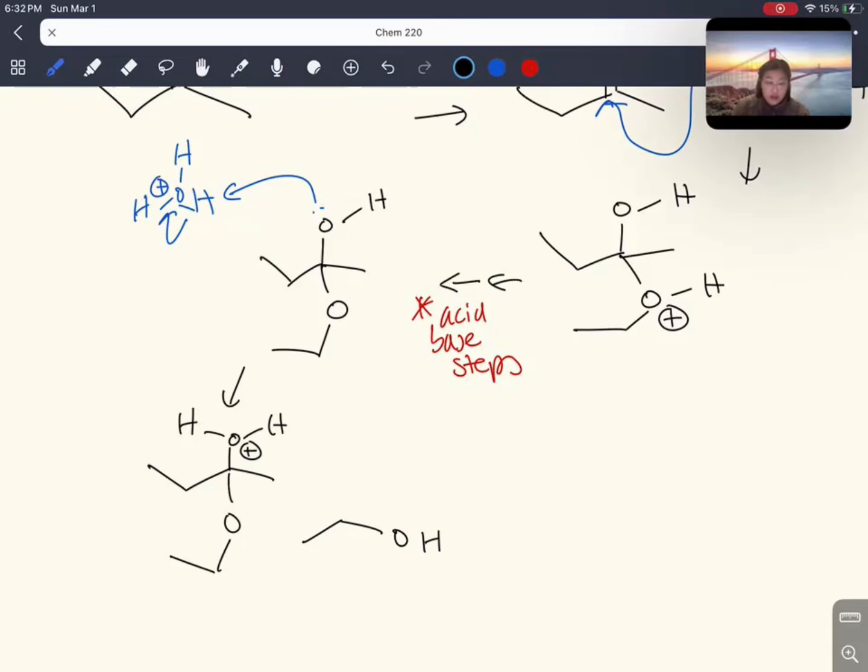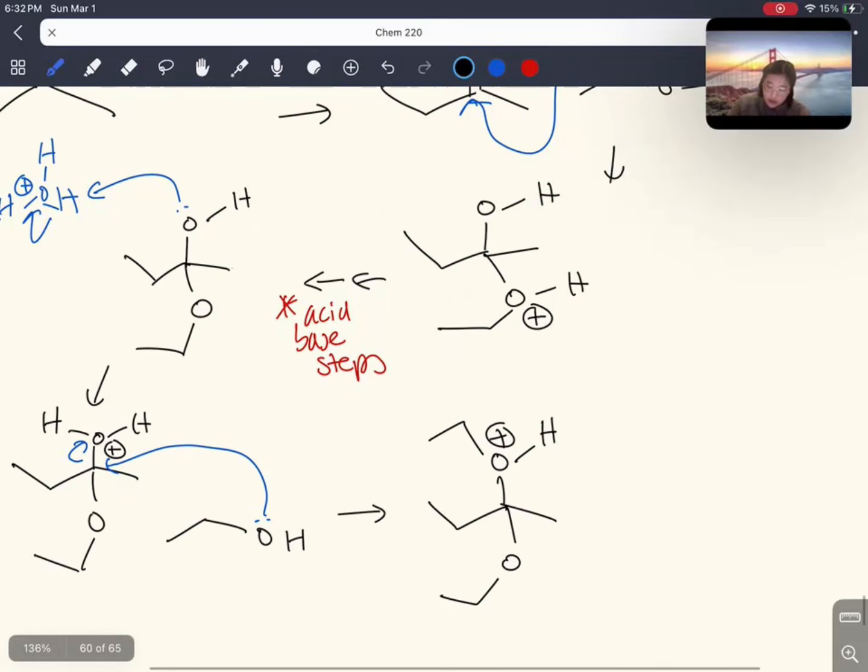So when that molecule leaves, in its place, another ethanol molecule can attack. And so then we have this molecule over here, and we have water as a side product.